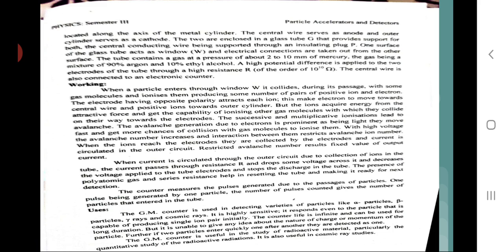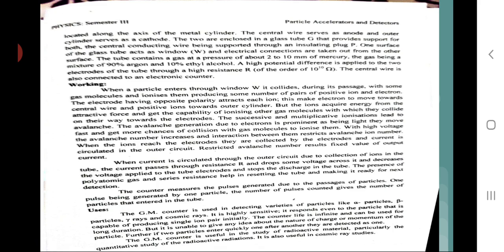The presence of a polyatomic gas and the series resistance help in resetting the tube and making it ready for the next detection. The counter measures the pulses generated due to the passage of particles, one pulse being generated by one particle. The number of pulses counted gives the number of particles that entered the tube.